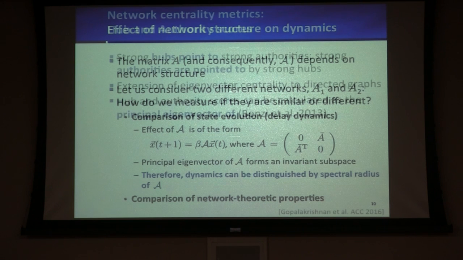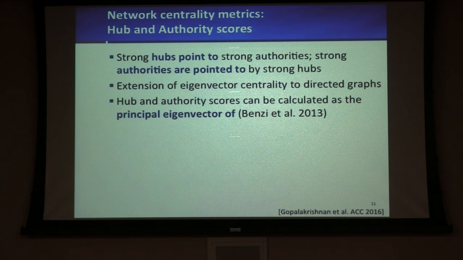But Kleinberg, this predates PageRank, in the case of web pages, said that if you had directed networks, then there's this notion of hubs and authorities. The idea is the following: every node does some pointing to a bunch of other nodes, and it is also pointed to by a bunch of other nodes. So when I think about the centrality of that node, there are really two things: how strong a pointer am I, and how strong is the pointing that occurs to me.